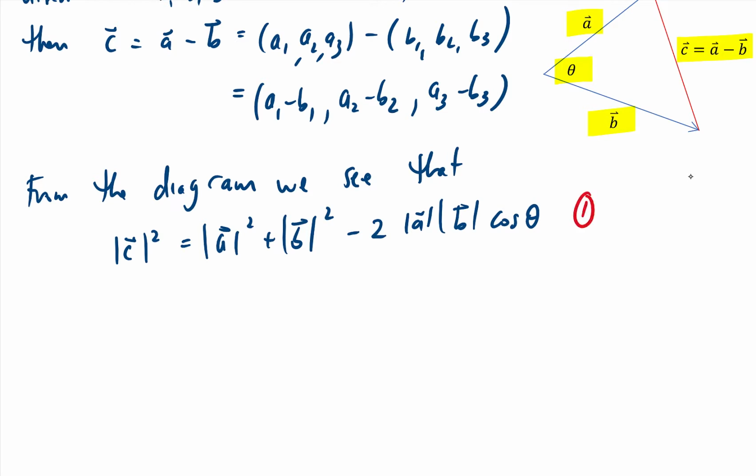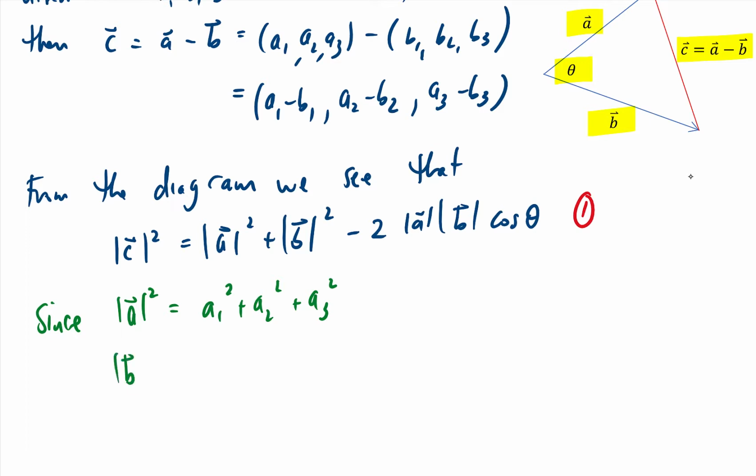So again, from the diagram, we see, using the cosine law, that the magnitude of c squared is equal to the magnitude of a squared plus the magnitude of b squared minus 2 magnitude of a, magnitude of b, cosine theta. Let us determine the values for the magnitude of a, b, and c. The magnitude of a squared is equal to a1 squared plus a2 squared plus a3 squared.